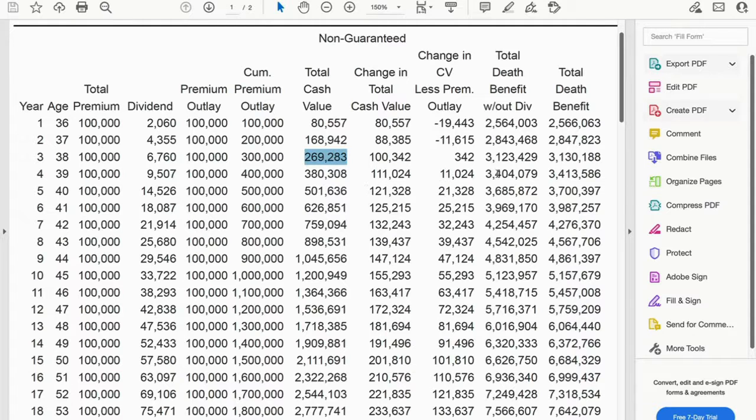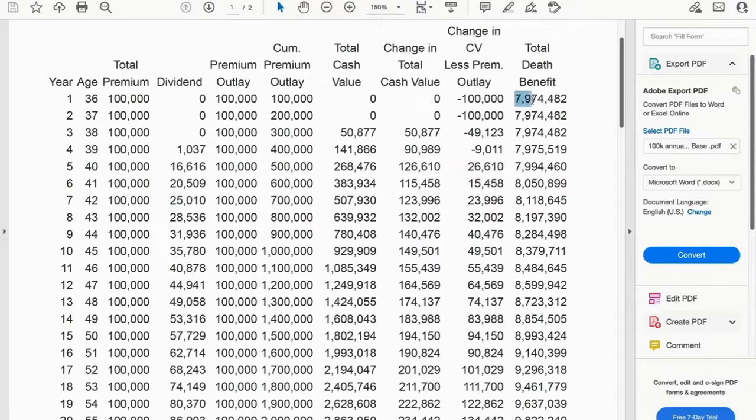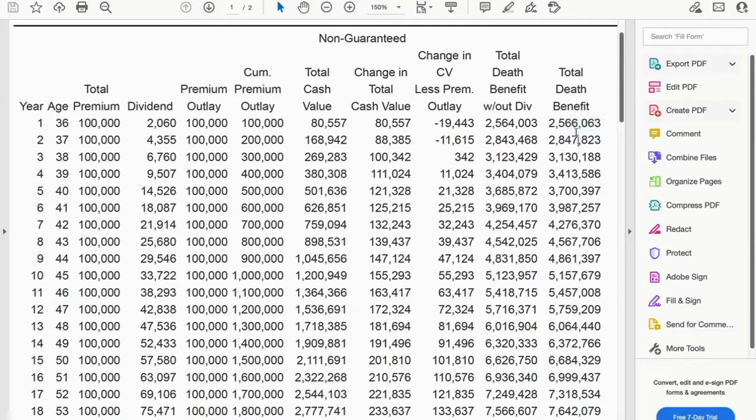Why is that? Look at the death benefit on this properly structured policy: $2,566,000 in year 1, versus the death benefit in the other one, $7 million, almost $8 million. So in that one we have a high death benefit and little cash value. Here we have a lot lower death benefit, $2,500,000, and a lot more cash value.